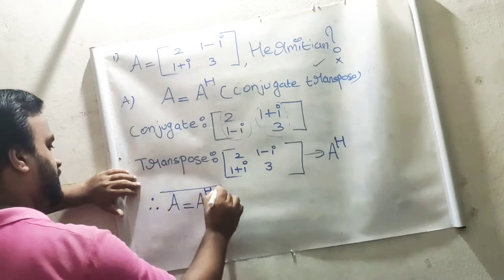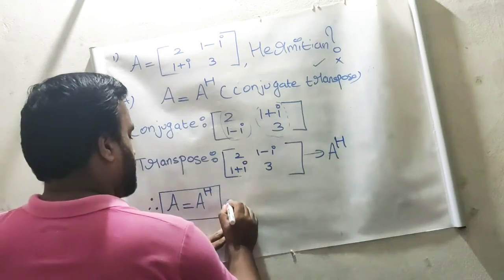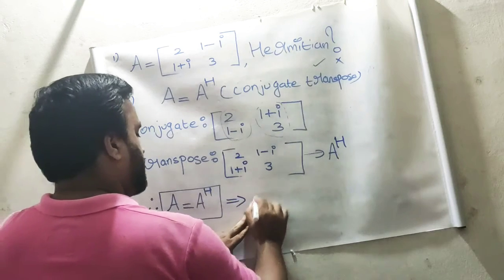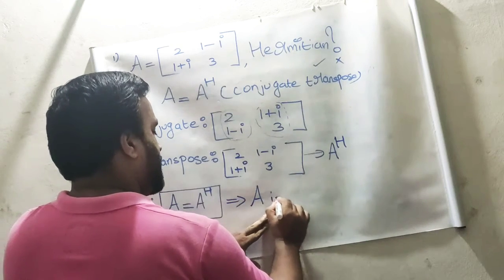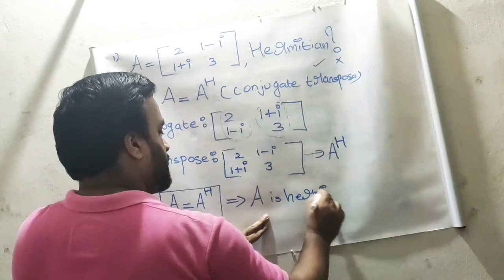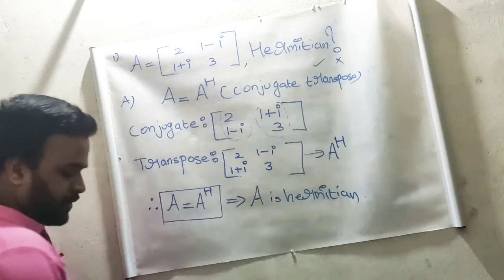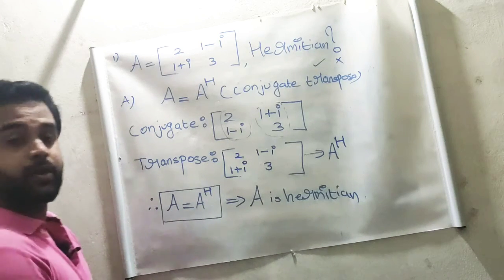We satisfied this condition. Therefore matrix A is Hermitian. So this is all about this problem.